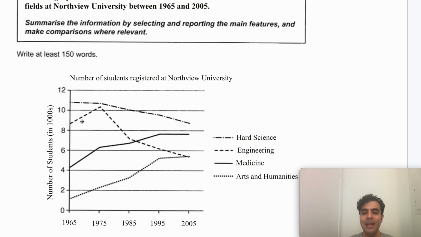For example, in the engineering major, we have an initial rise and then a decline. But I'm not going to mention that initial rise because my focus is on the general trend. And the general trend is that overall, the number of engineering students fell in spite of those increases that happened in the middle, right? So that can be the first key point.